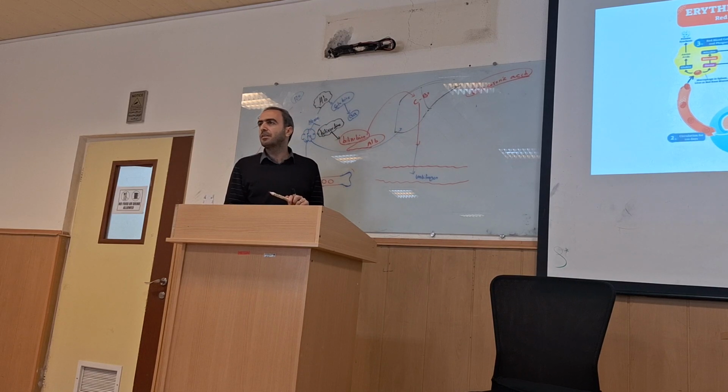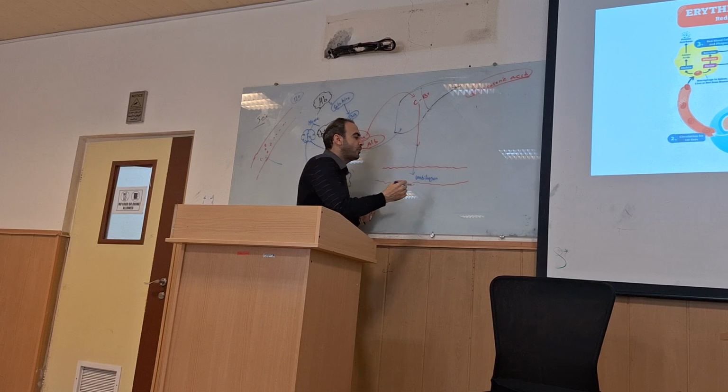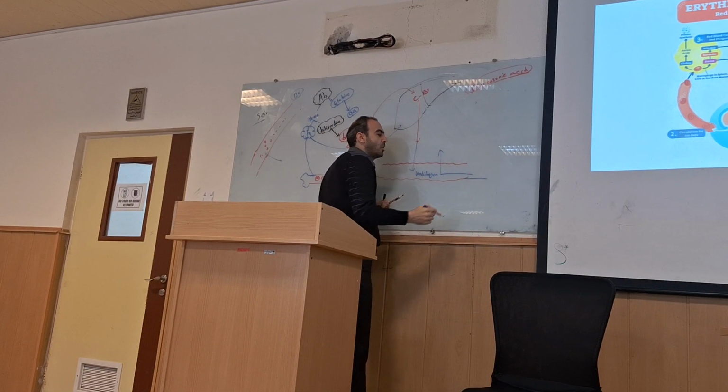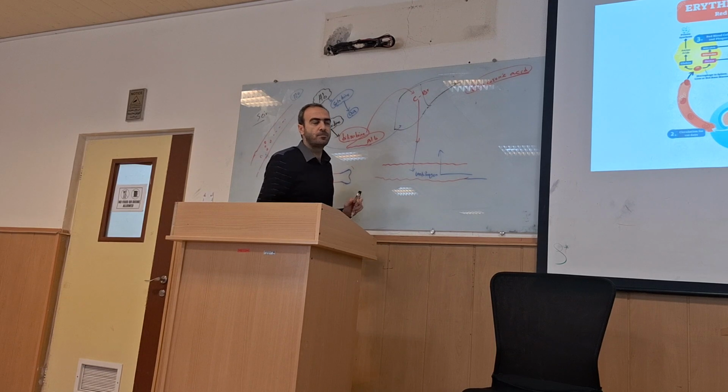Urobilinogen in the intestine has 2 phases. One of them converts to stercobilin.